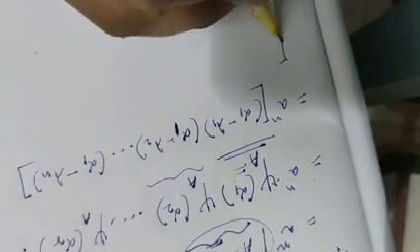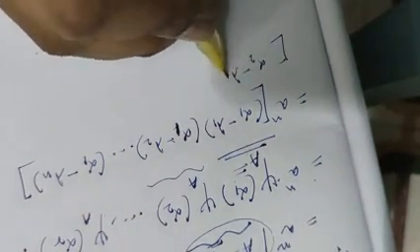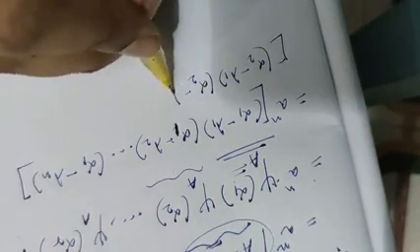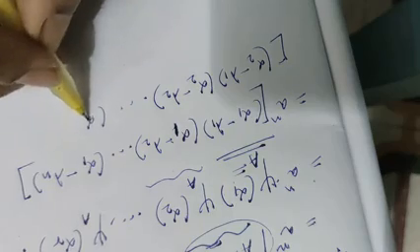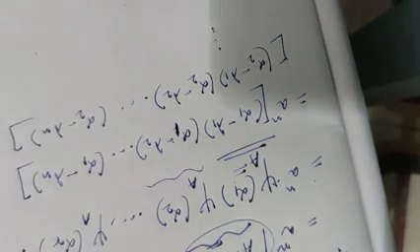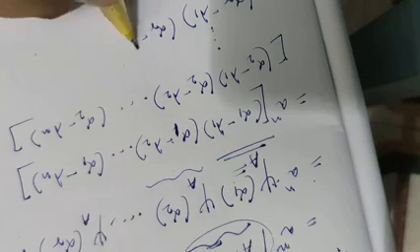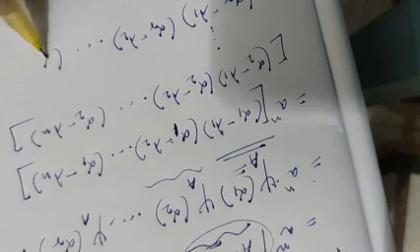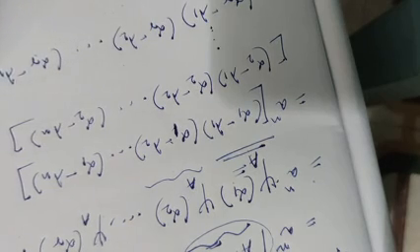This is for the first part, psi A alpha 1. Next for psi A alpha 2, we are writing alpha 2 minus lambda 1, alpha 2 minus lambda 2, up to alpha 2 minus lambda n, and so on. Ultimately we will get alpha r minus lambda 1 into alpha r minus lambda 2 up to alpha r minus lambda n.